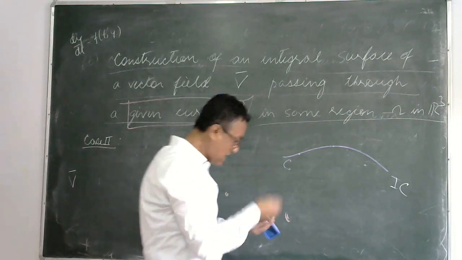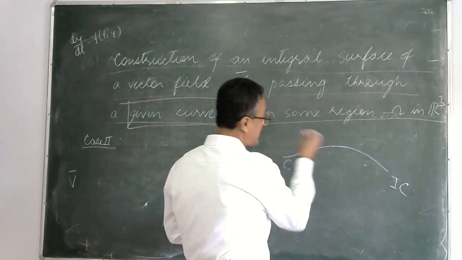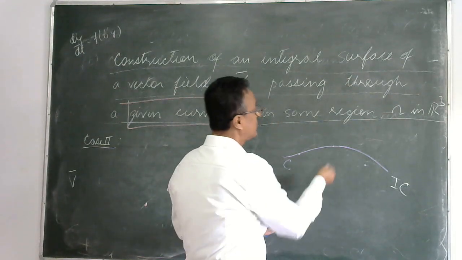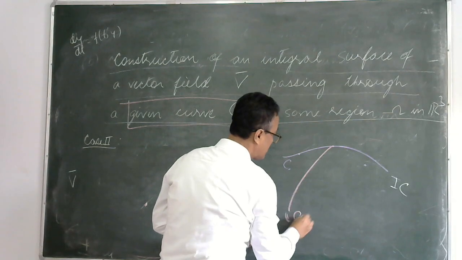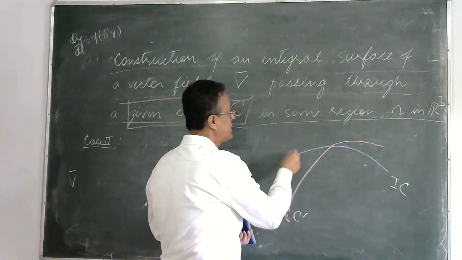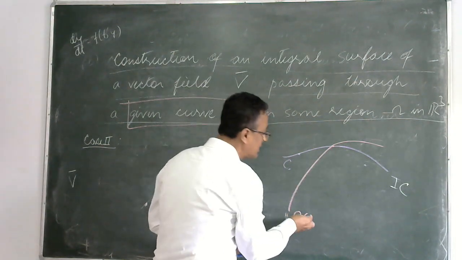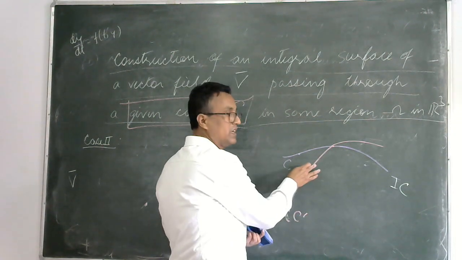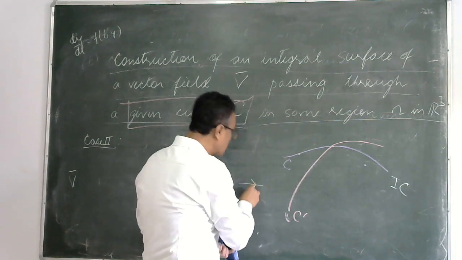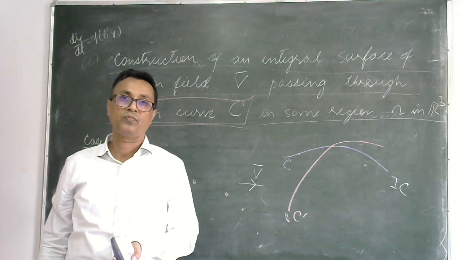Now I am going to draw one curve C prime, which intersects the given curve C in such a way that on this curve C prime, the vector V is nowhere tangent.